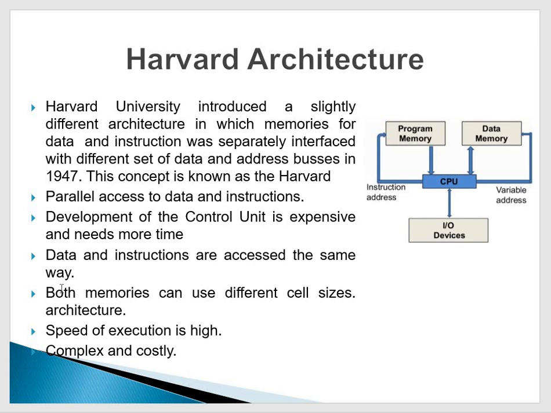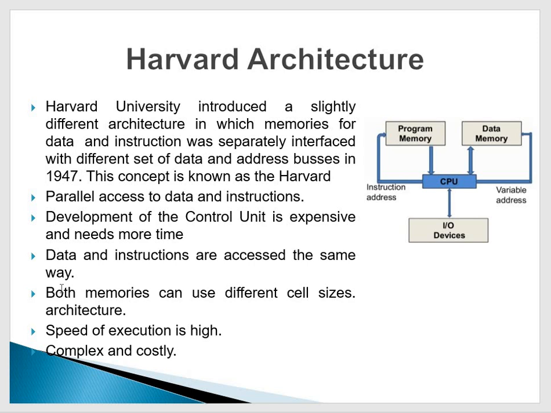In this case, the speed of execution will be high. As we can see, both program and data memory are interfaced with the CPU through two different sets of address buses and data buses, and data and opcodes can be accessed at the same time. So the execution speed of a computer having the Harvard architecture will be high compared to the von Neumann architecture.